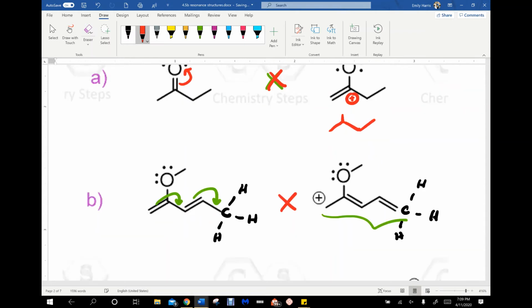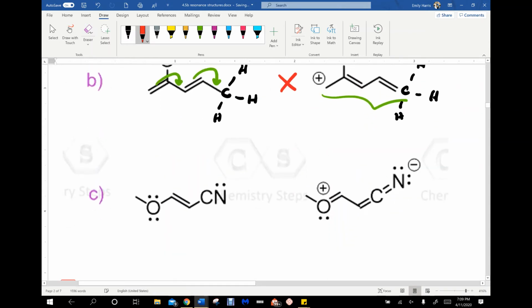All right, so let's see if we can go on to C and maybe be a little more successful here. So far so good. Looks like we have the same connectivity of atoms. So now let's try to move our arrows. Let's see if we can get a hint as to what's going on in this last portion.